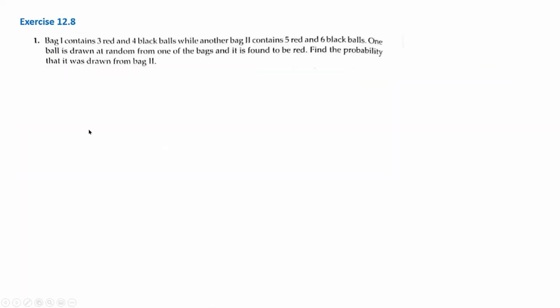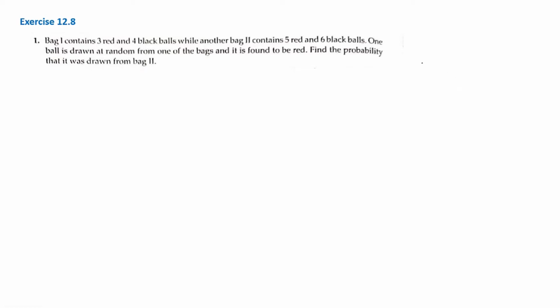Moving on to the exercise question. From exercise 12.8, the first question. Bag 1 contains 3 red and 4 black balls, while another bag 2 contains 5 red and 6 black balls. One ball is drawn at random from one of the bags and it is found to be red. Find the probability that it was drawn from bag 2.